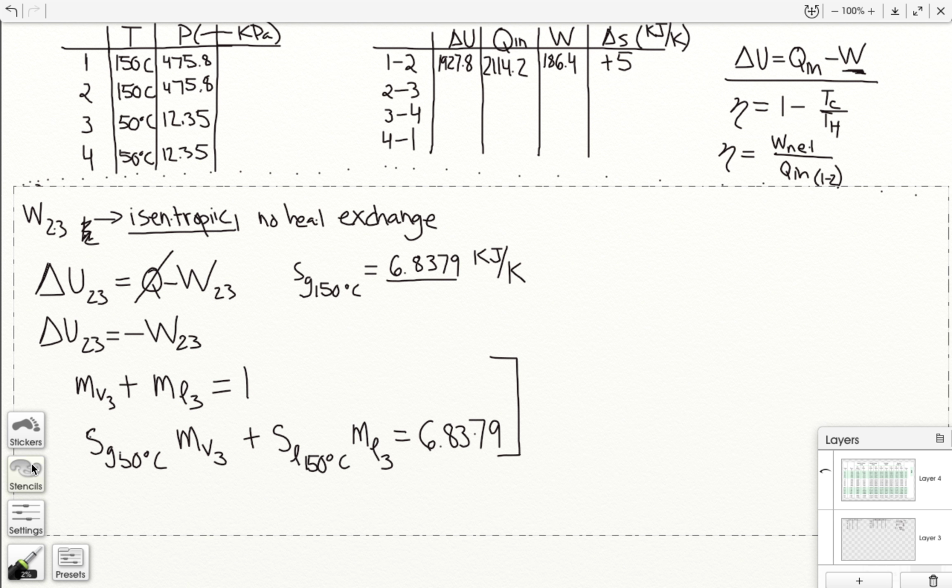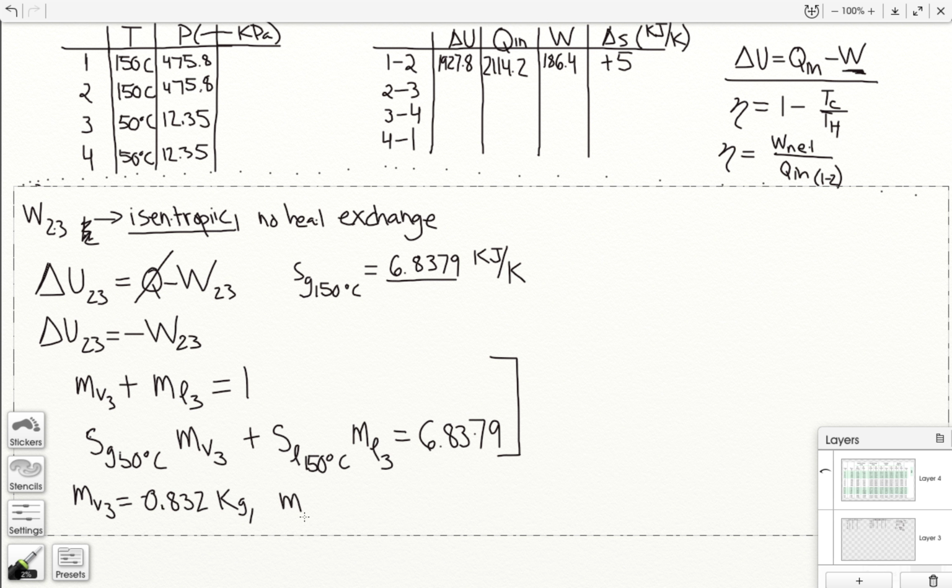When I solve for this, I get that the mass of the vapor at state 3 is 0.832 kilograms, and the mass of the liquid at state 3 is 0.168 kilograms. So at state 3, we're still mostly vapor, but there is some liquid.